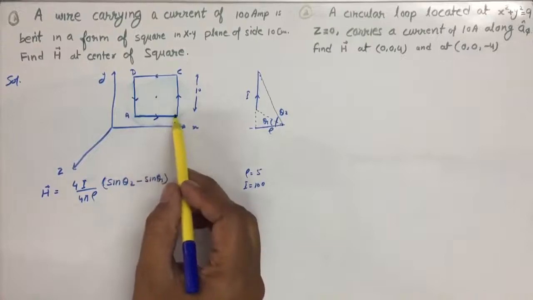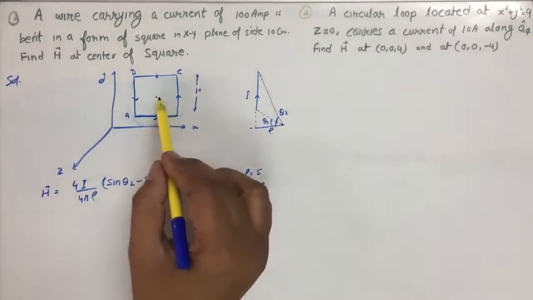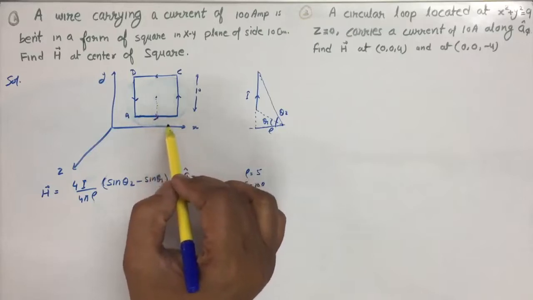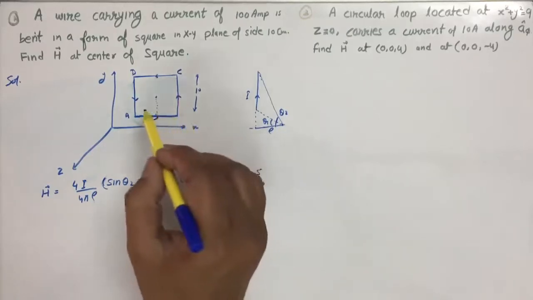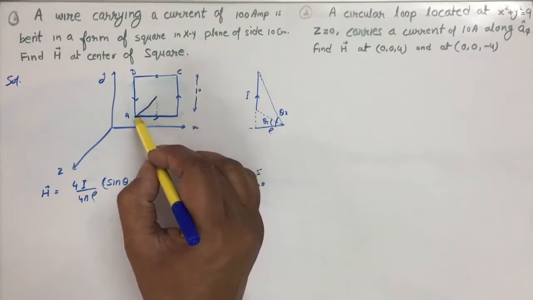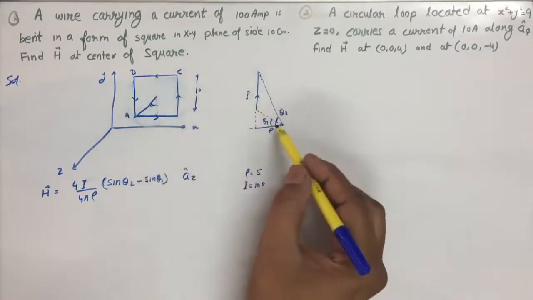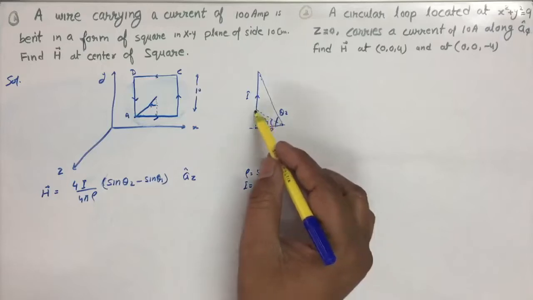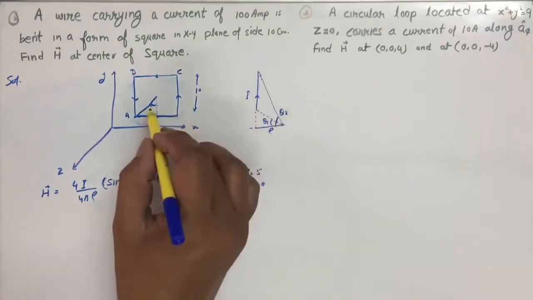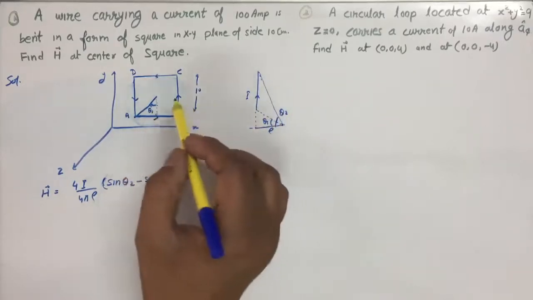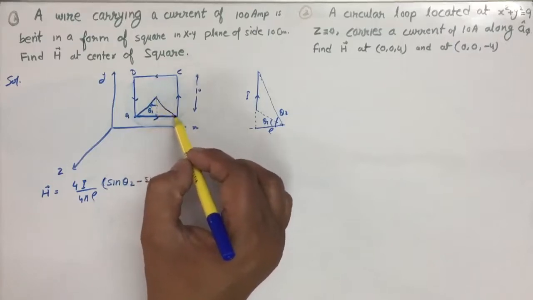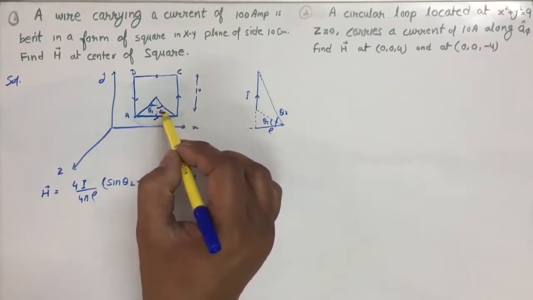This is the length of the conductor, that is 10 centimeter, and this will be rho, 5 centimeter, half of this. The initial point is making angle theta 1, and the end point is making angle theta 2.